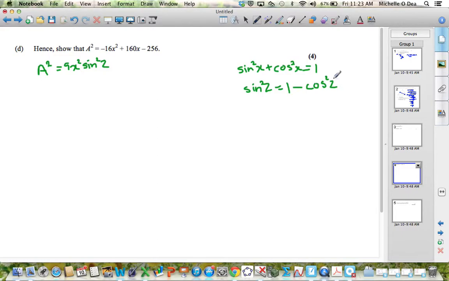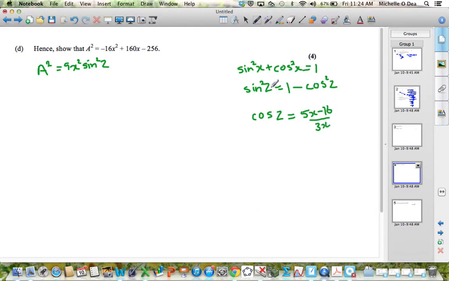Then from there, what I can do is replace that. Because what we have from up above in part B, we found that cos z equals 5x minus 16 all over 3x.